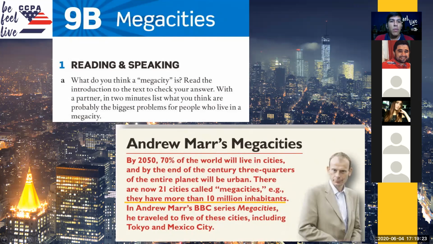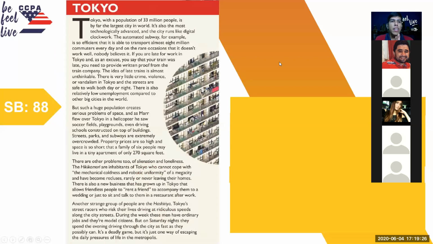Perfect. So let's move now to the reading part, and we have Tokyo here. So Teacher Williams, can I ask you to help us with the first paragraph? Sure, why not? So Tokyo, with a population of 33 million people, is by far the largest city in the world.